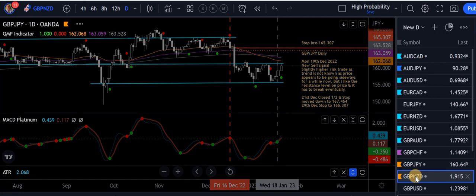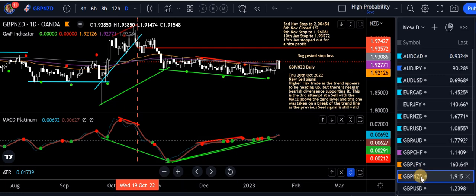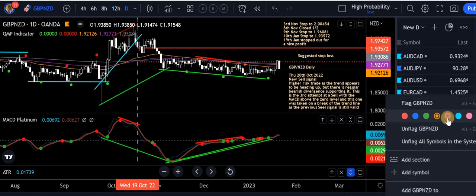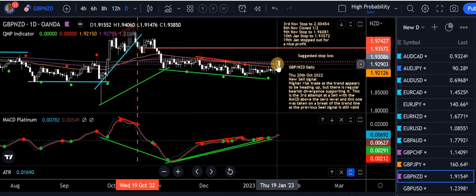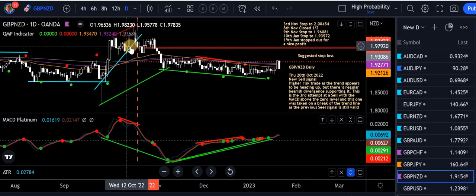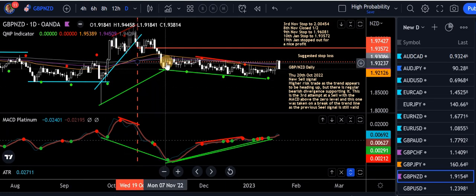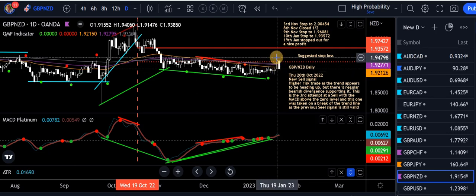Pound New Zealand. Look at this, just left on the charts to show you guys. Stopped out on the sell. All right, so I took a sell on the 20th of October, so been in a long time. This thing just goes sideways like forever sometimes, but when it does move, it moves big. So I took the sell, dragged the stop right down, and Thursday it popped through the stop.